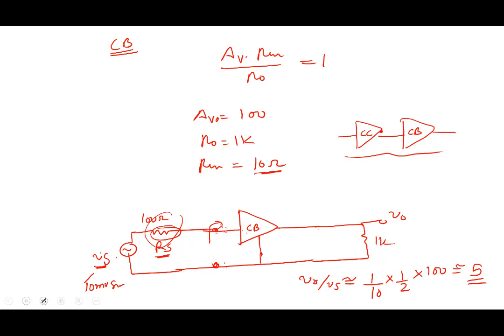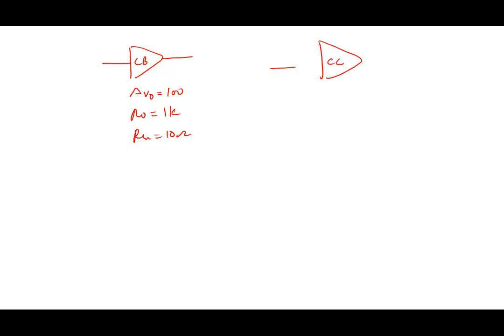Let's take an example. Same common base. So common base is AV0 equal to 100, R0 equal to 1K, and Rin equal to 10 ohms. Let's take a common collector amplifier. For this we'll take a gain of AV0 equal to 1, an Rin equal to 100K, and let's take R0 equal to 100 ohms.